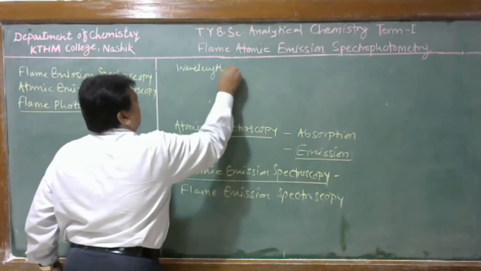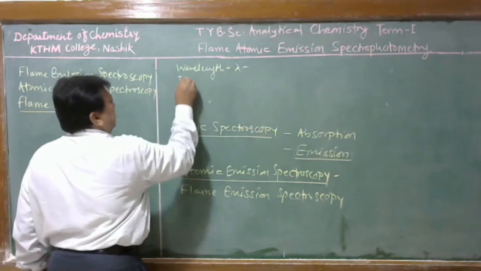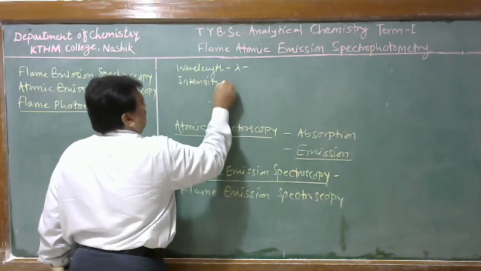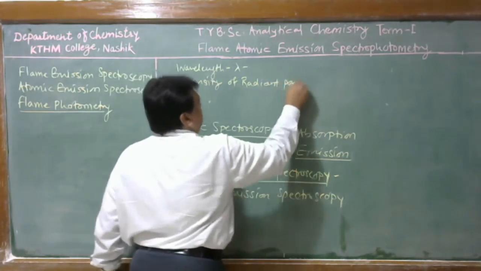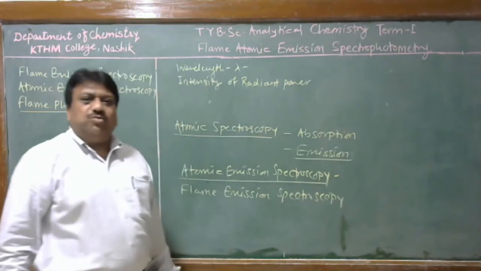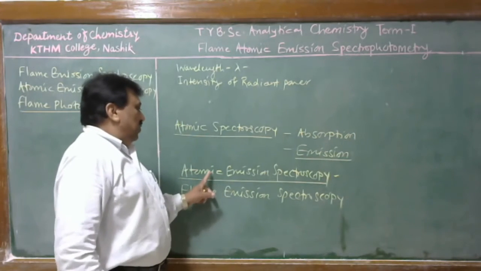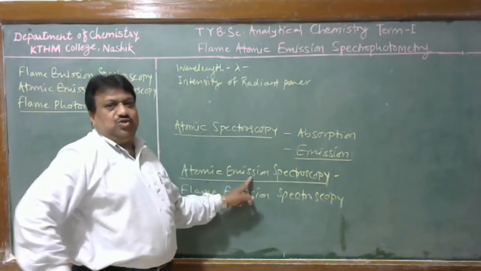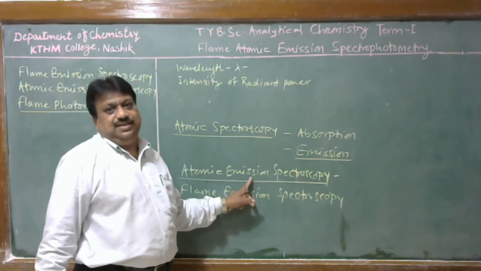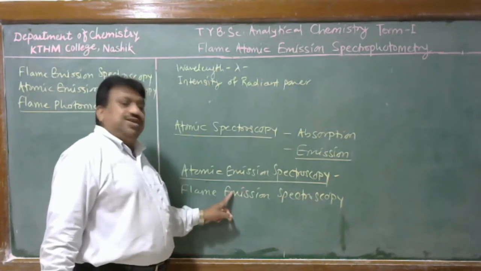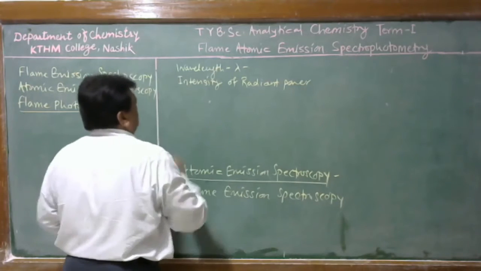The wavelength of absorption or emission is the identity of the material, and the intensity of radiant power that is absorbed or emitted is related to the amount of the atomic species present in the sample, and it is measured through emission mode and is called atomic emission spectroscopy.